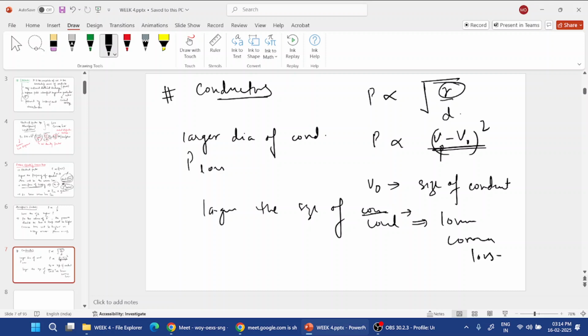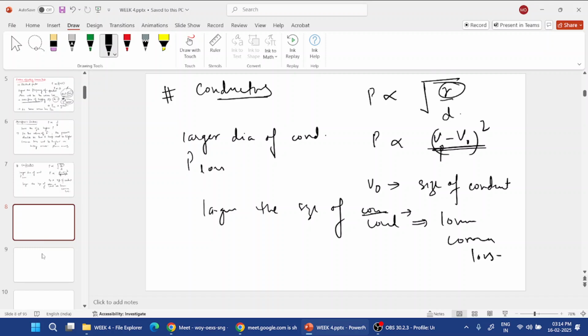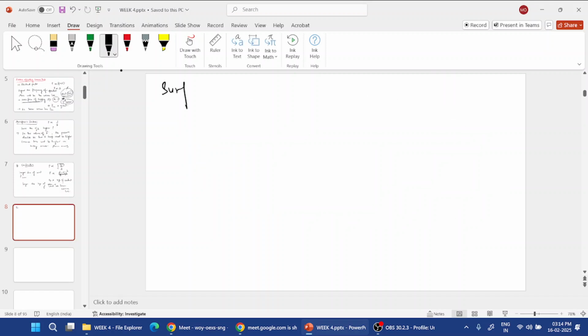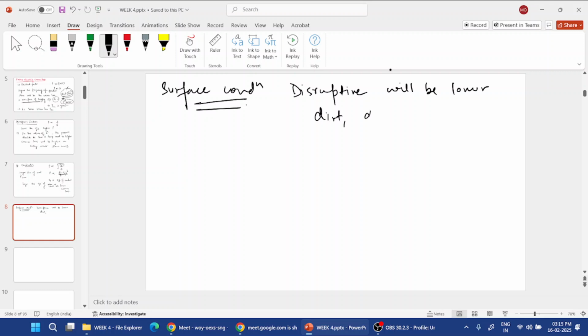It also depends upon the surface conditions, I will write it down here, surface conditions. So what happens here is that the disruptive voltage will be lower when there is dirt or anything like that deposited on the surface.